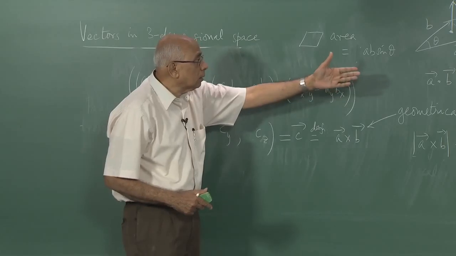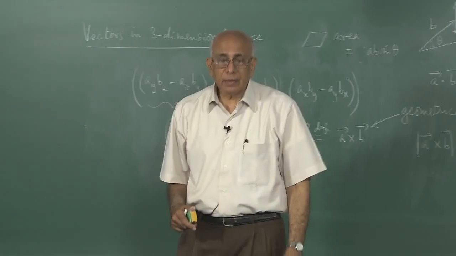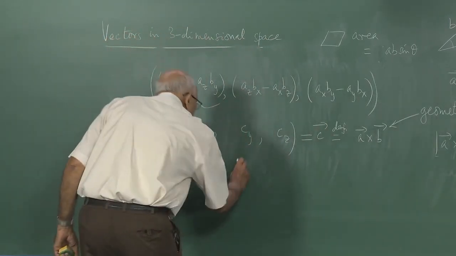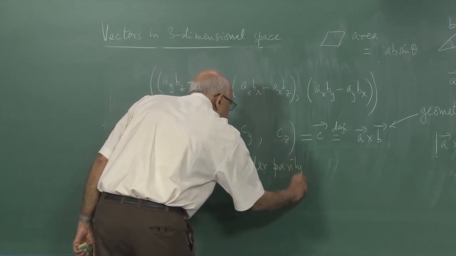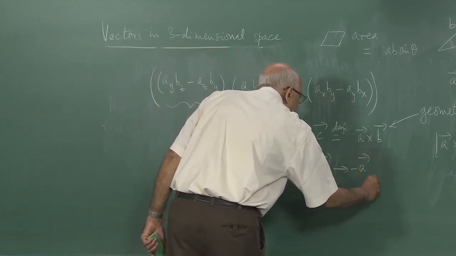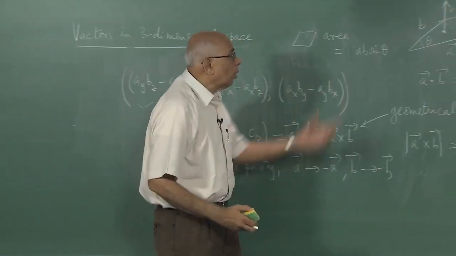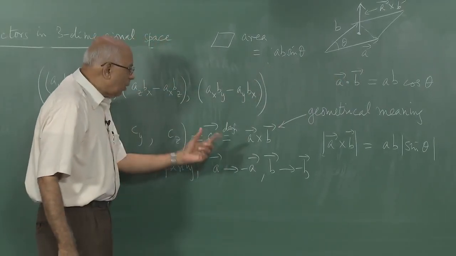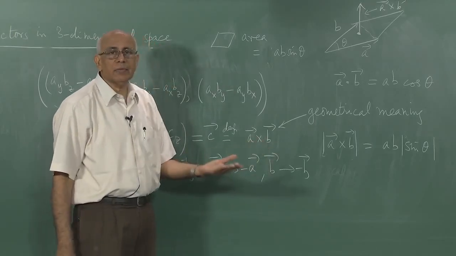Okay. Now that we know that, is there any difference at all between this kind of vector and the kind of vector that the coordinates are, or any of these vectors here? Is there any difference at all? Well, yes, indeed there is, because look at what happens under parity. If A and B are proper vectors, under parity A goes to minus A, B goes to minus B. A dot B does not change sign and it is a scalar, we already established that, but A cross B is going to remain unchanged in sign, and yet it is a vector.